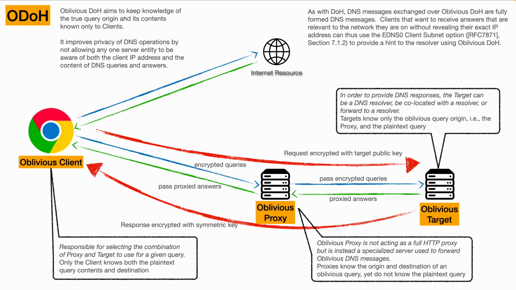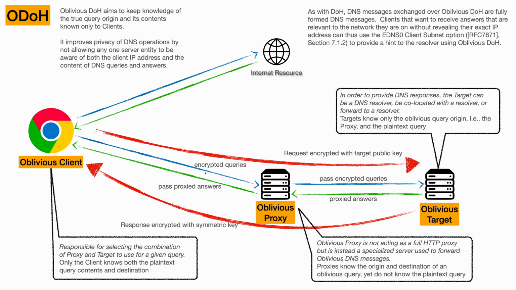The purpose is to keep the knowledge of the query origin, which is your computer's IP address, and the query content, which is which domain name you want to access, known only to the client, your computer itself. Of course, it will improve privacy further. In the whole message path, there is no single server entity that knows both pieces of information.